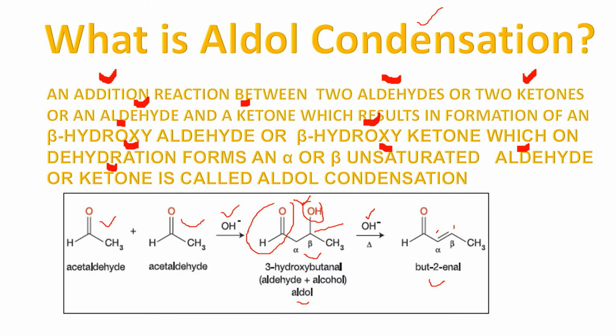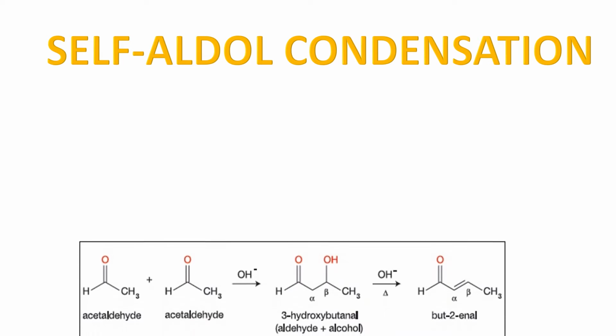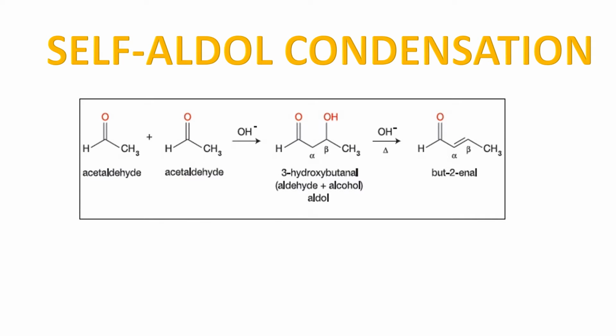Okay, let's see what are the different types of aldol condensation reactions. The first category is self-aldol condensation. Now what is this self-aldol condensation? As the name suggests, it's a condensation reaction happening between two aldehyde molecules of the same type.